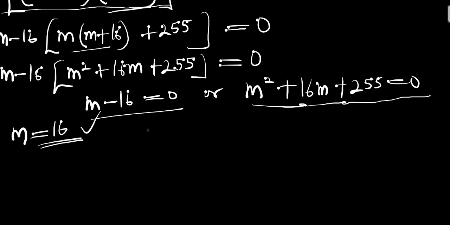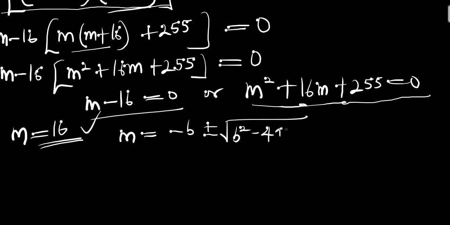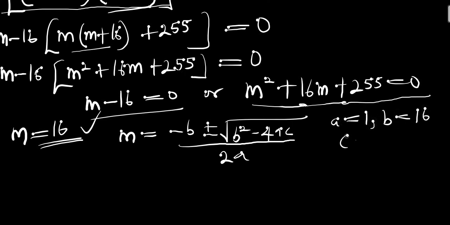So we are going to make use of the formula method. We have m equals negative b plus or minus square root of b squared minus 4ac divided by 2a. And from this particular equation, we have a equals 1, b equals 16, c equals 255. So let's fix in here.